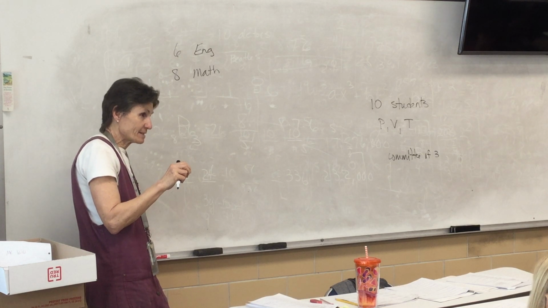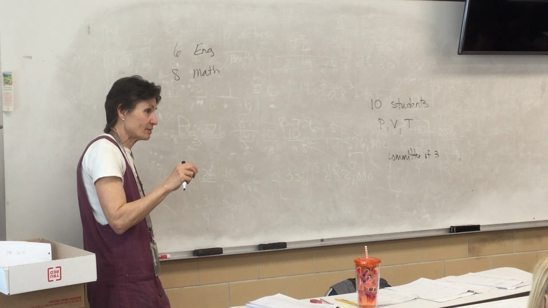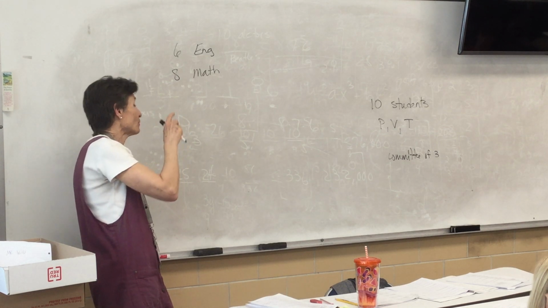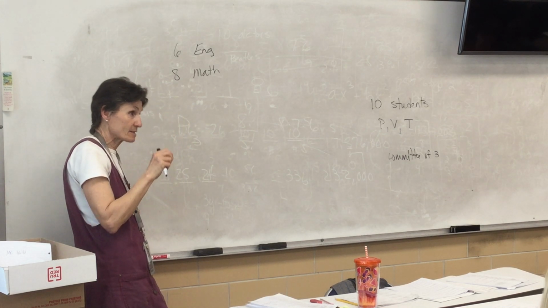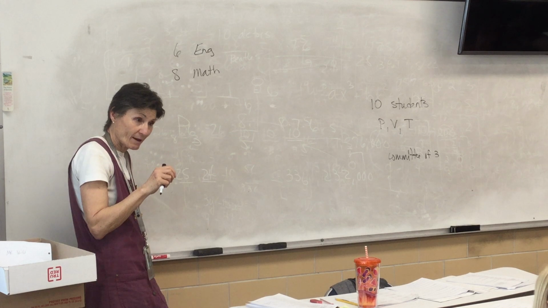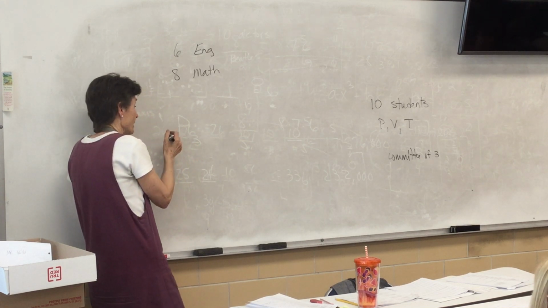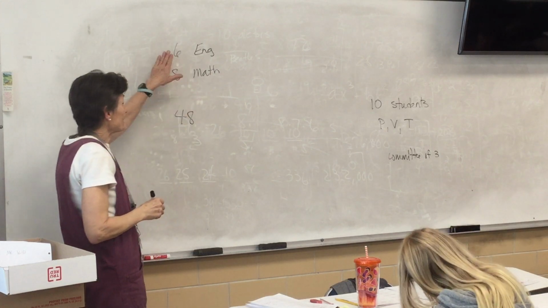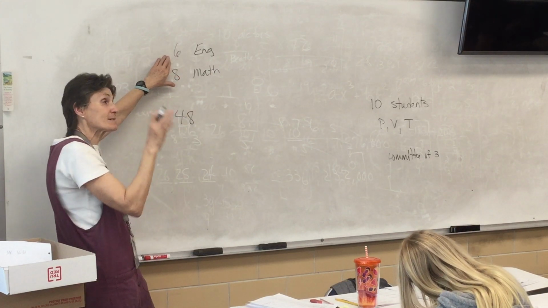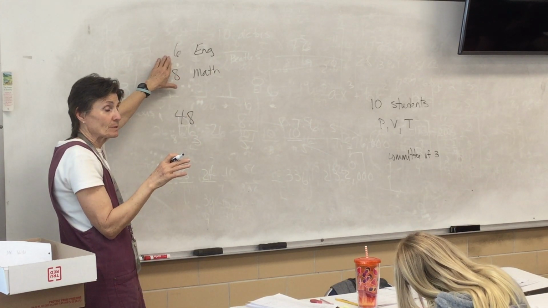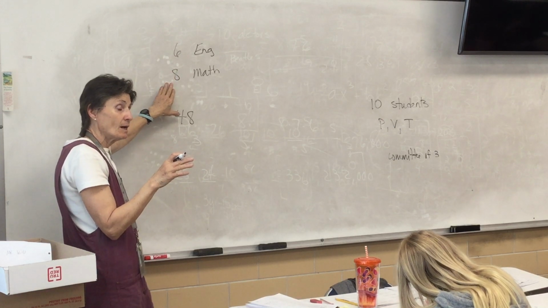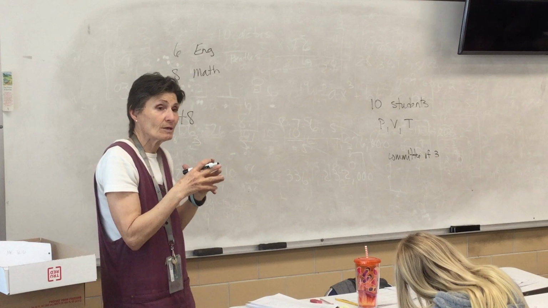How many choices do I have for a math class? 8. How many choices do I have for an English class? 6. How many choices do I have altogether? 48. I can pick an English class 6 ways, and I can pick a math class 8 ways. I can do them together 6 times 8.